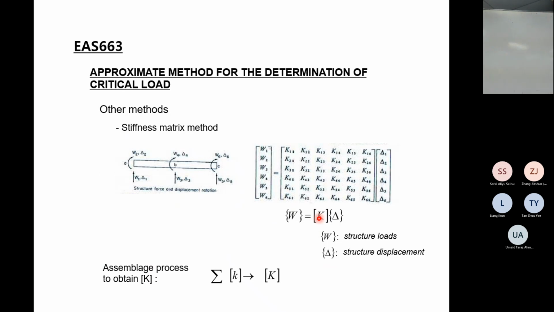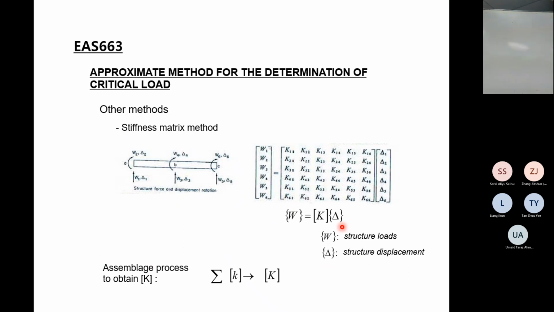So it is called the assemblage process, starting from the element stiffness matrix, combine them into structure stiffness matrix. So that is the matrix that we know. So the only unknown that we have here is delta. So we can solve this. With W given, K we can form. Delta is unknown, so we can solve for this.